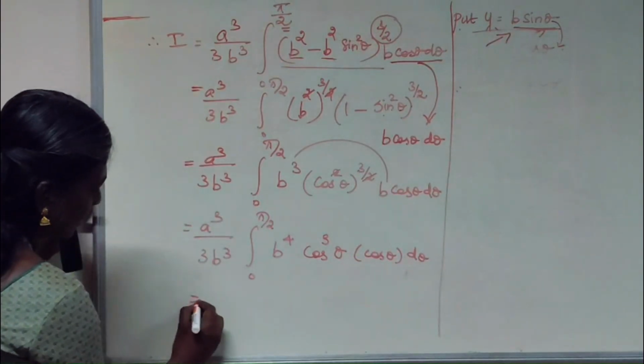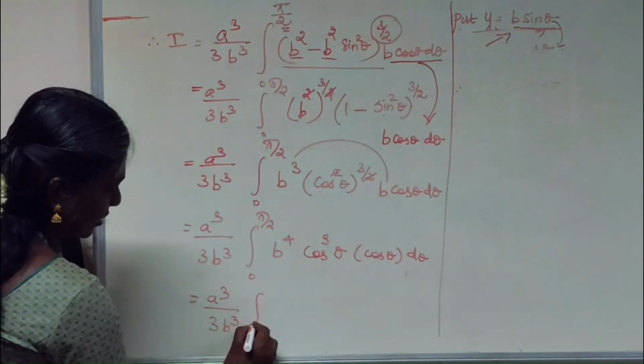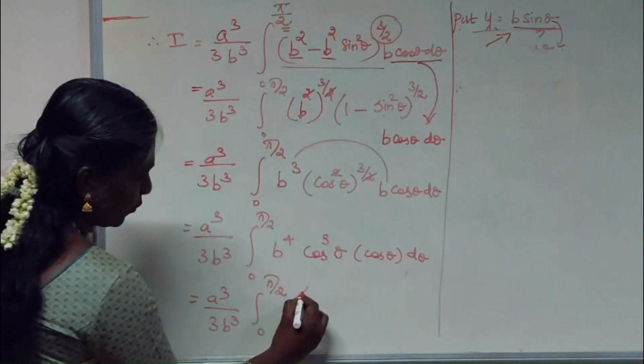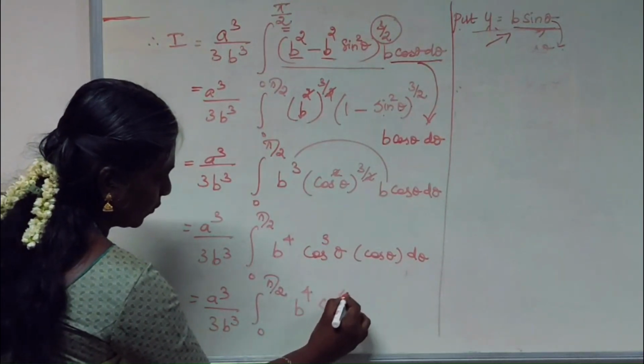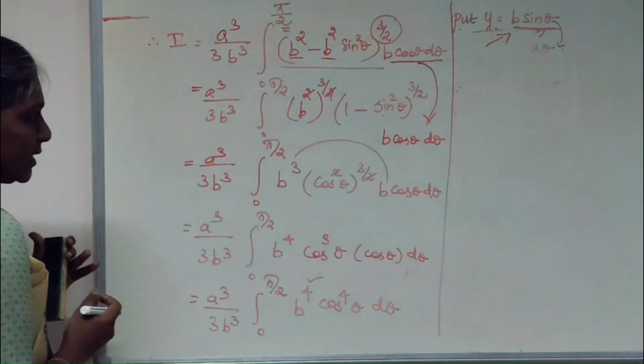That is a cube by 3b cube integral over 0 to pi by 2 of b cube into b, that is b power 4. Here the square and 2 get cancelled, so that is cos cube theta and cos theta d theta, which is cos power 4 theta d theta. I want to take this constant outside.